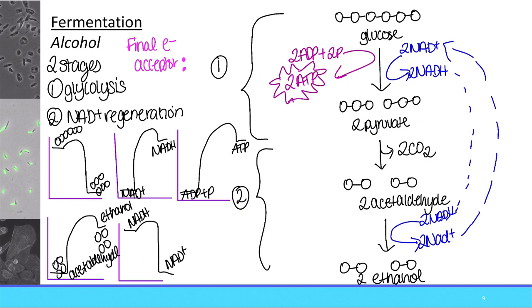And in fermentation, if we take a look at stage 2 here, NADH is losing an electron, so it is being oxidized, which means that acetaldehyde going to ethanol is being reduced. Acetaldehyde is actually our final electron acceptor. So acetaldehyde is our final electron acceptor in alcohol fermentation.